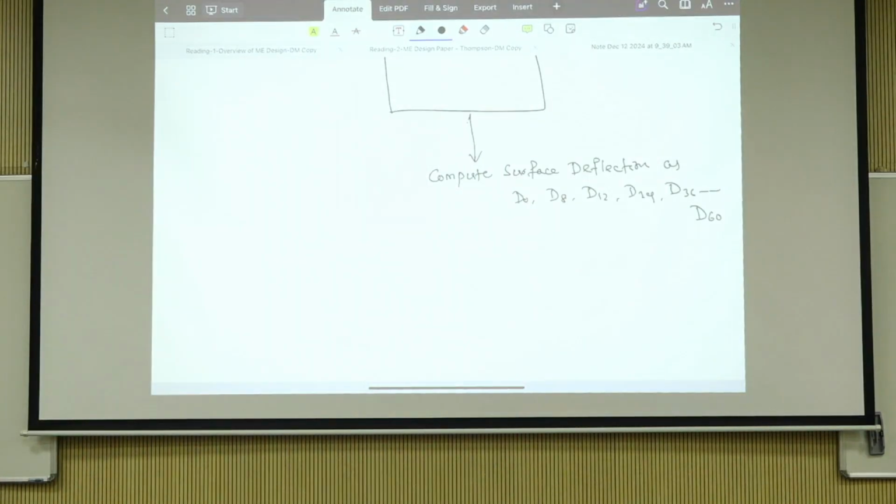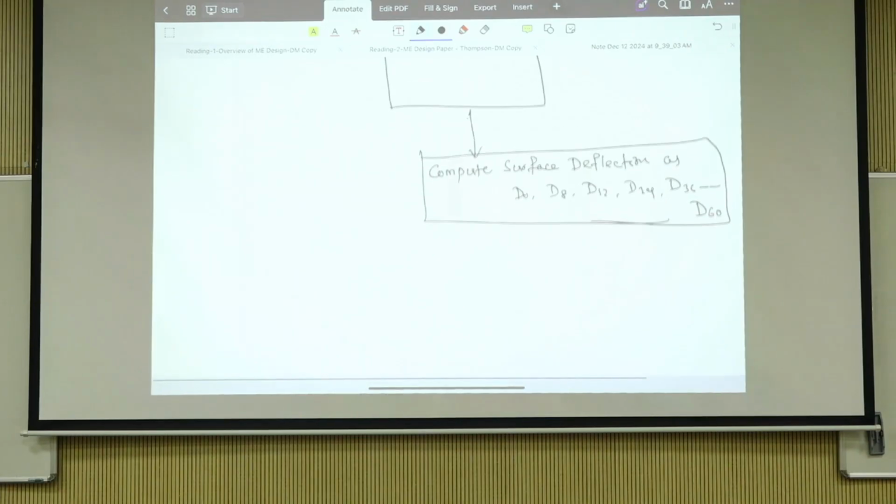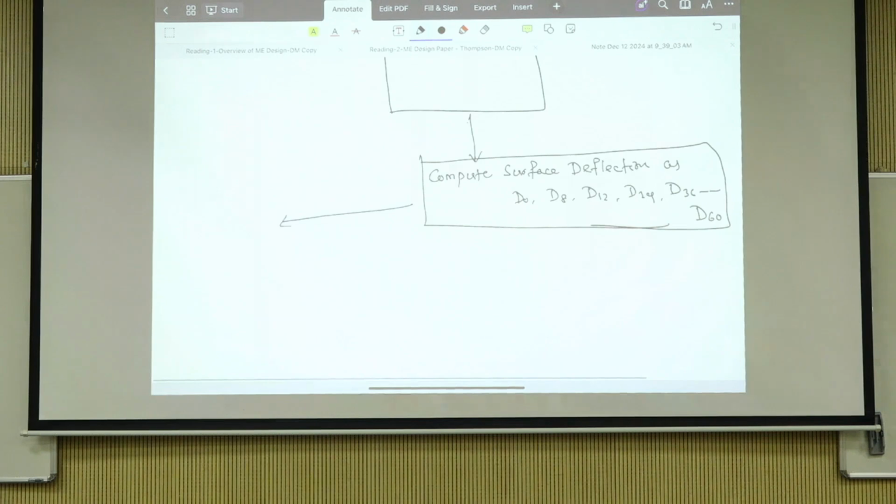You take this surface deflection and then plug them into a back calculation code, just like the one we did here, right? And then you can calculate E1, E2, E3 and everything.